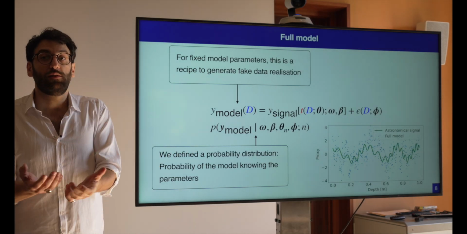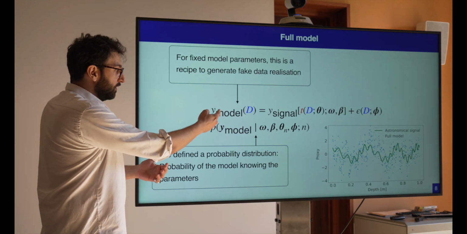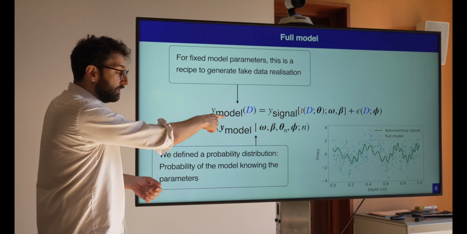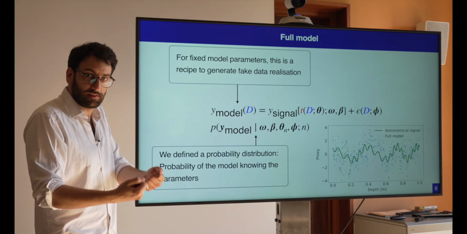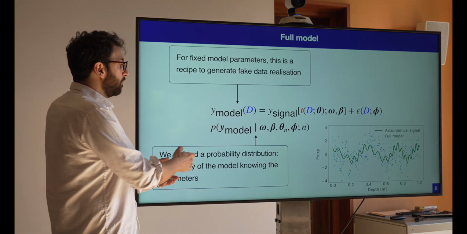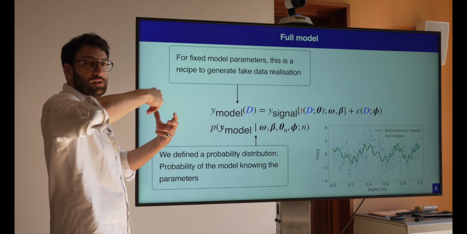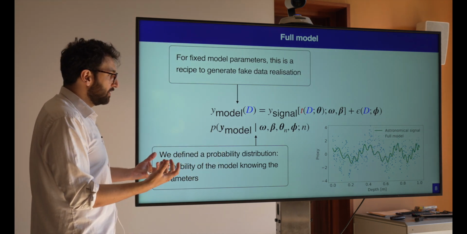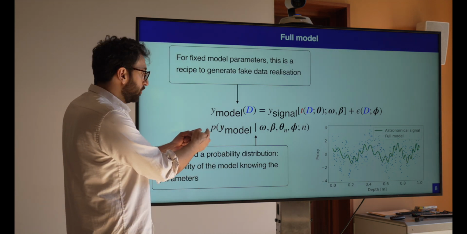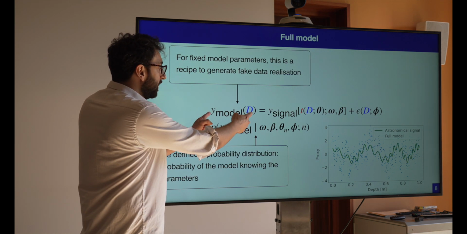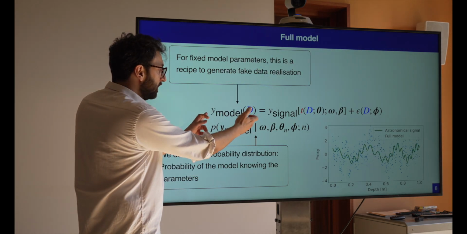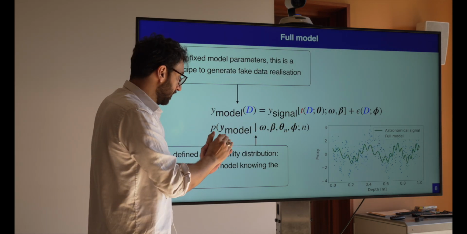And to insist on this fact, I denoted this quantity not by y, the actual data that we have at hand, the actual proxy, but some sort of theoretical model. And so what we have is in fact a probability distribution on how to draw instances of something like this, knowing the model parameters.